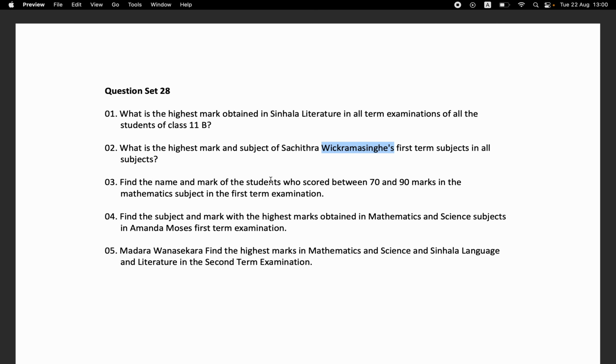So the third question is, find the name and mark of the students who scored between 70 and 90 marks in the mathematics subject in the first term examination.